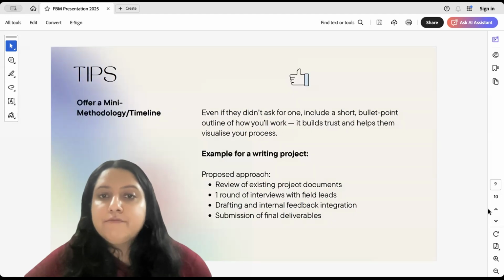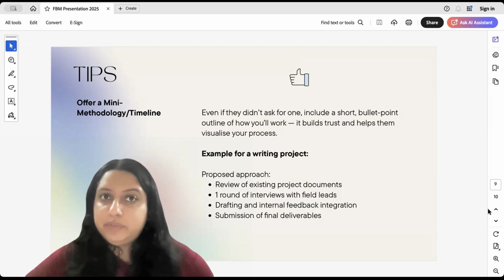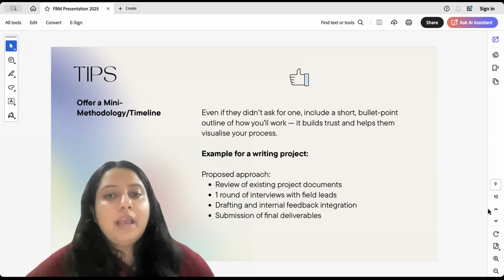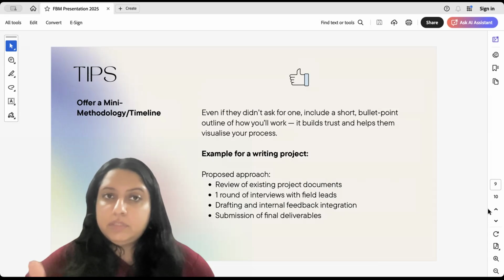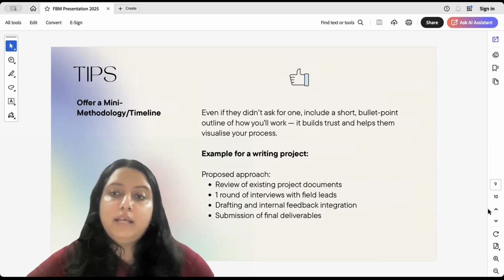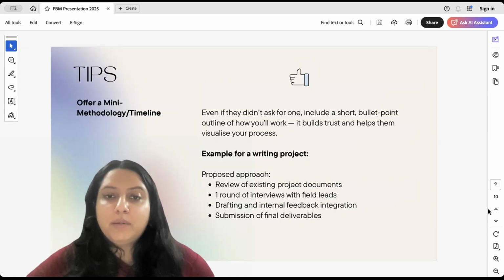Another tip I have is your methodology or your timeline and how you work. Very often you feel like it's just, say, a writing project. I know how I write. There's nothing I need to explain to them in terms of how the writing will go. But if you go the extra mile, it shows meticulous attention to detail. If you are able to outline the process, you can also take the lead on this, and stay in charge and in control of how the work goes about.